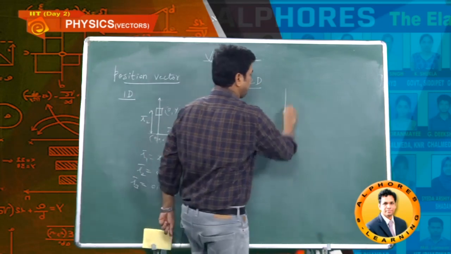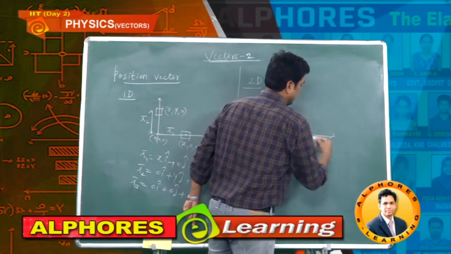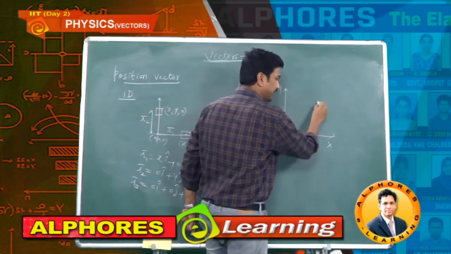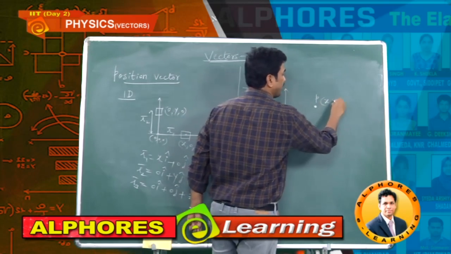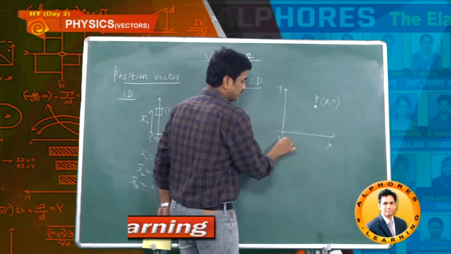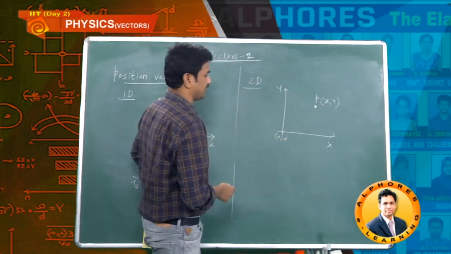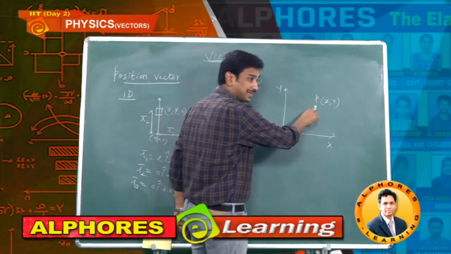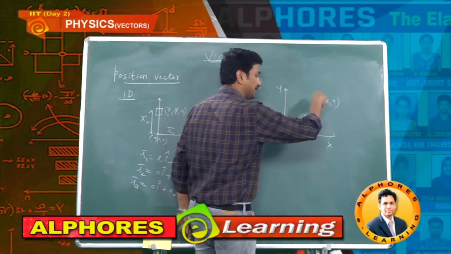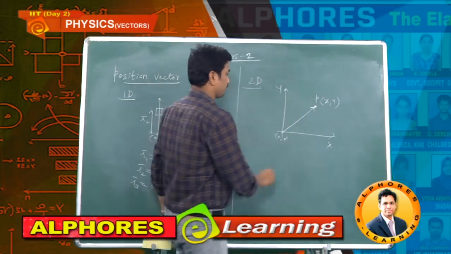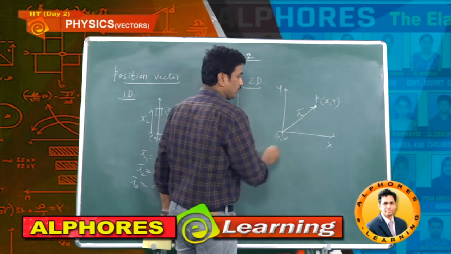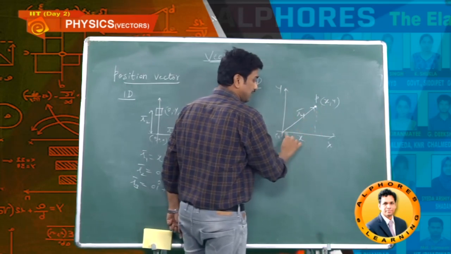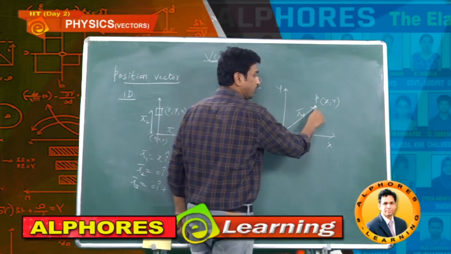2D, the xy plane. Here is the particle or a body, at x, y. From the origin, what is the meaning of position vector? From the origin, to where the particle is, that line is the position vector r bar. Now let it be r1 bar. x along the x direction, y along the y direction.